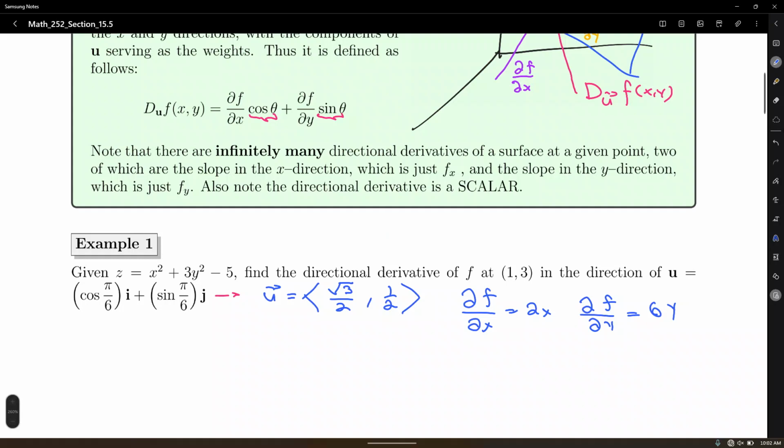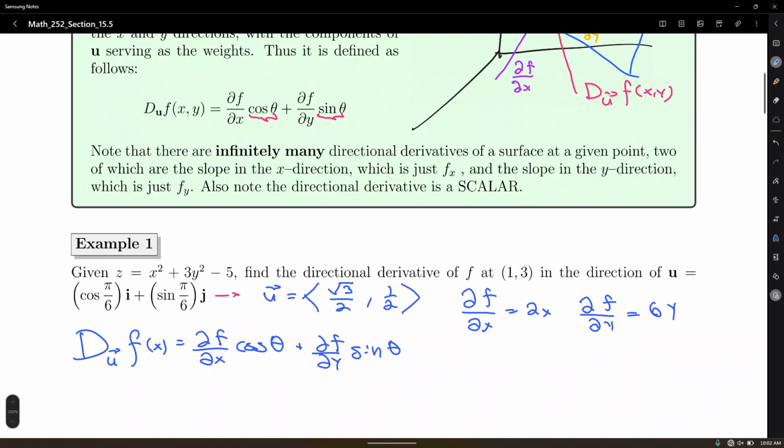Okay, so let's denote the directional derivative of u. Don't forget to put the arrow because it's now a vector. Notice it's bold case on the notes. D_u f of x, that is partial of f with respect to x, cosine of the angle, plus partial of f with respect to y, sine of the angle.